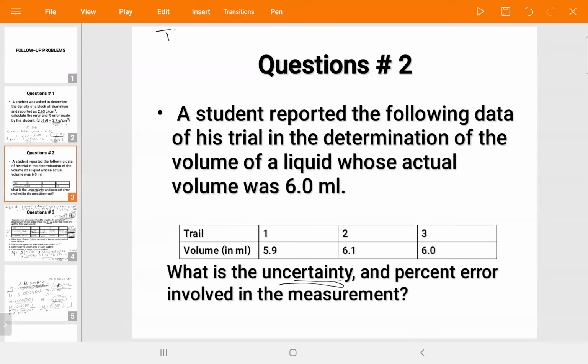Individual measurements, or experimental values in this case, minus the average value, over n. So let me explain this term first, because this is very important.